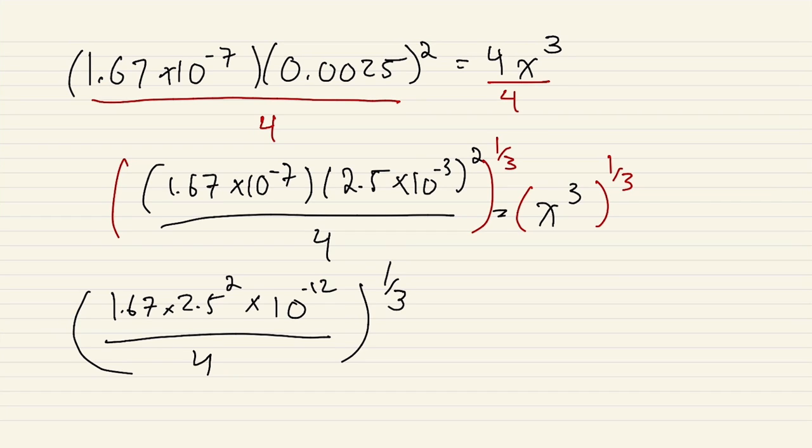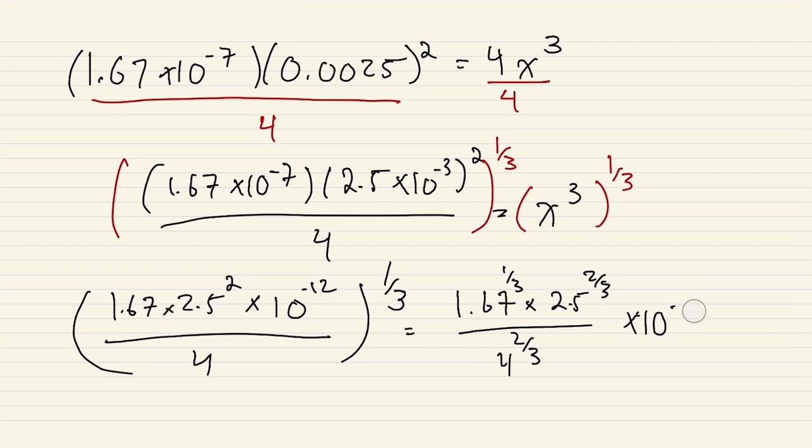Something like that, which will give me 1.67 to the 1/3, 2.5 to the 2/3, 4 to the 2/3 times 10 to the minus 4. You don't have to do all these. I'm just doing this so I don't have to plug it all in my calculator.